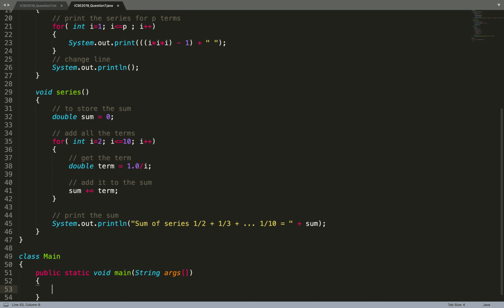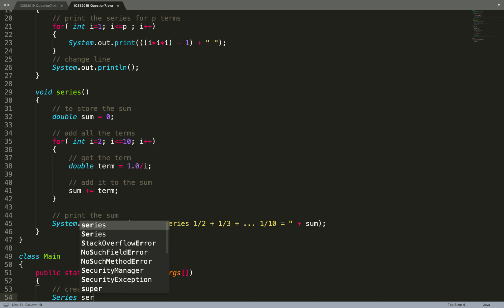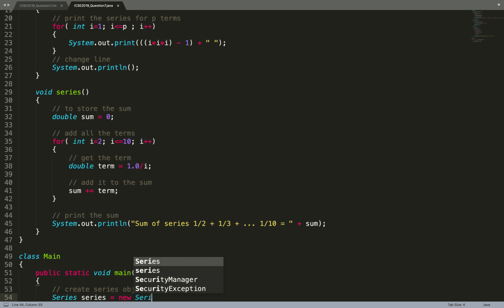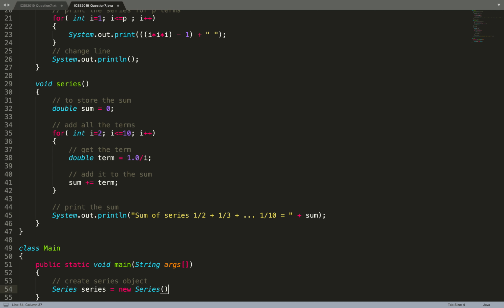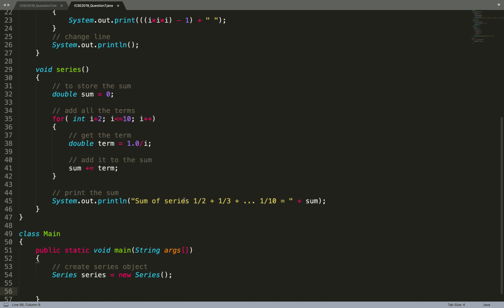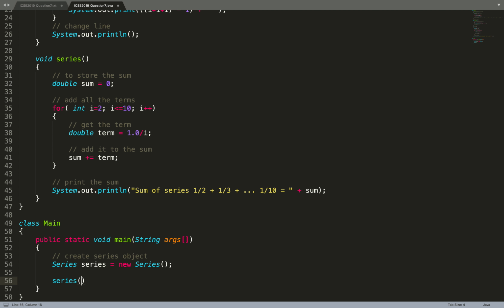Okay, create a series object, and then call all the methods. Okay, series 3 to power 4, series 4, and series.